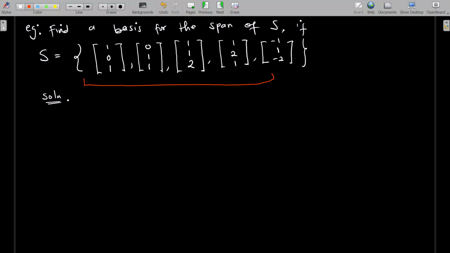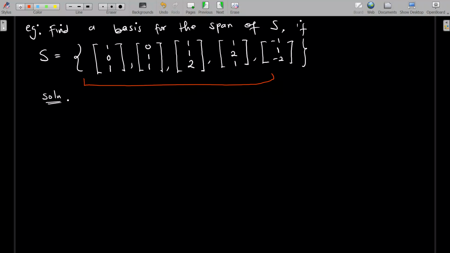So when you have some set of vectors like this, and these are just different random vectors, one thing you can do, maybe you can run this in MATLAB or any other programming language, use a row reduced echelon form function, and it will reduce it and show you what to choose as your basis.